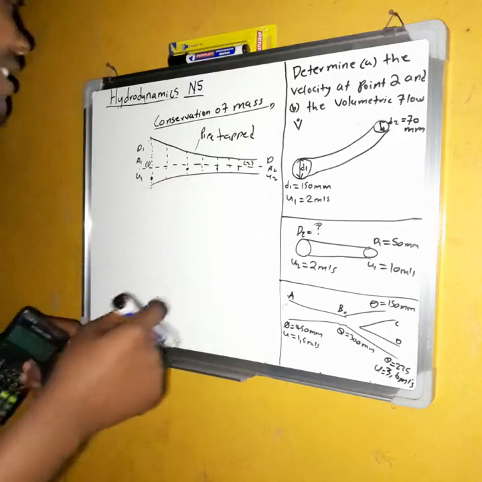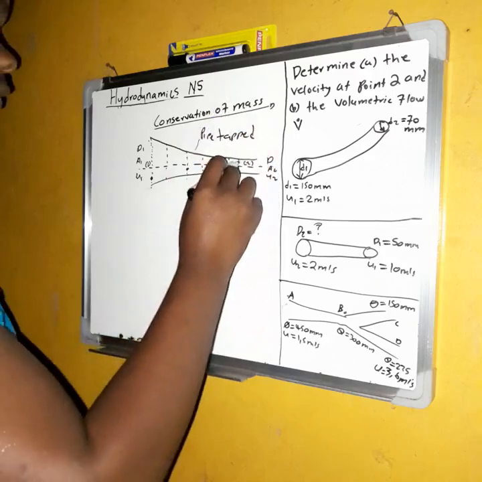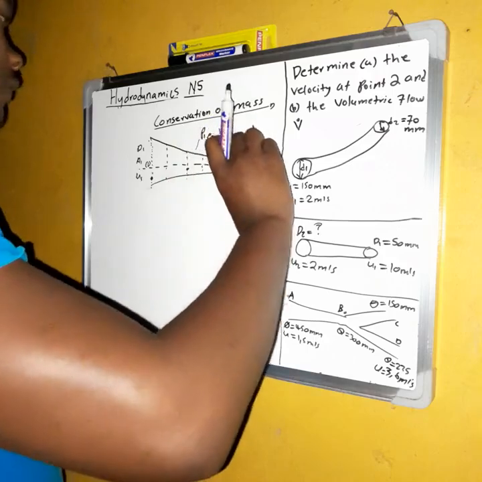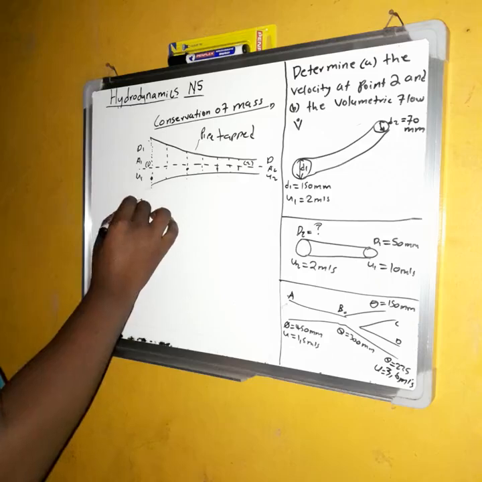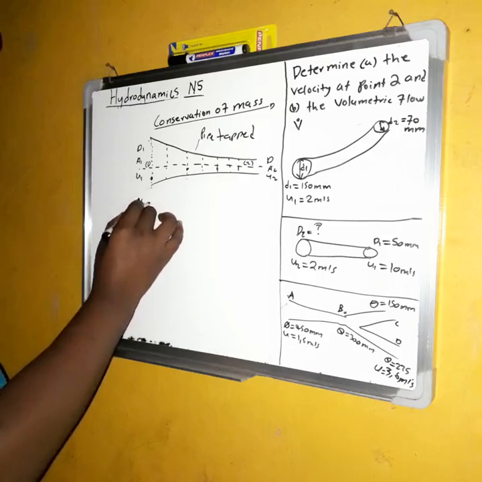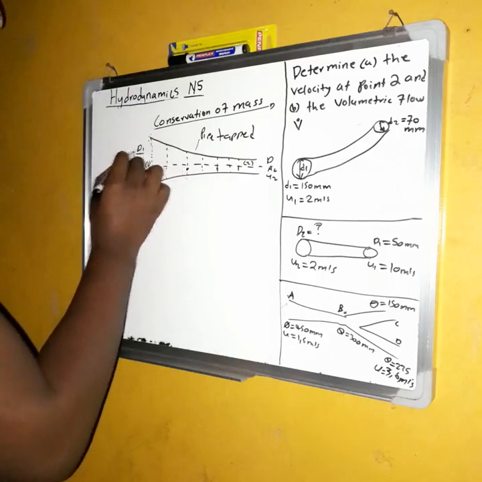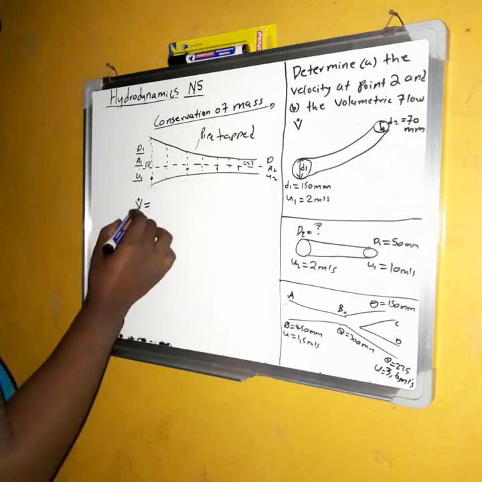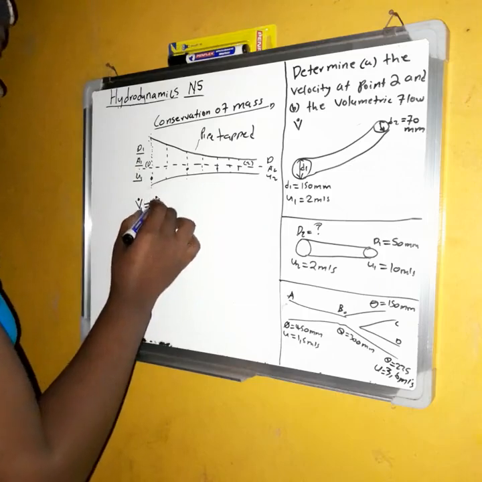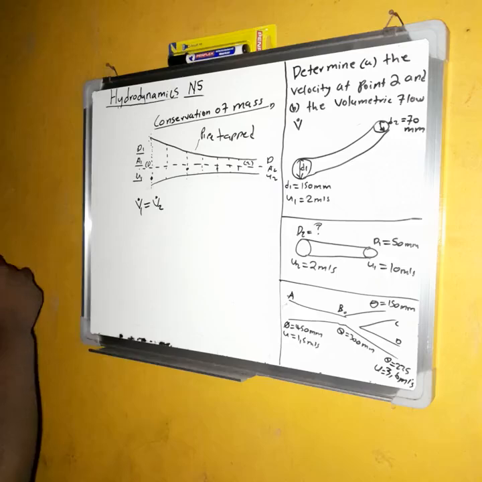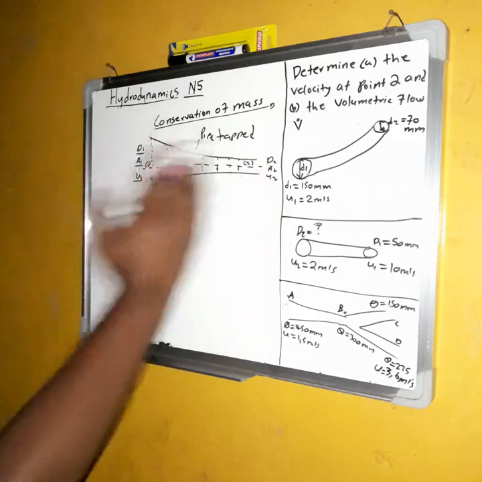So since it's the same, now we have this pipe here. We are given this end of the pipe and also this end. We know that the volumetric flow will be the same. Let me call this part D1, area 1, V1. I can say V flow 1 must equal the volumetric flow 2, throughout is the same.